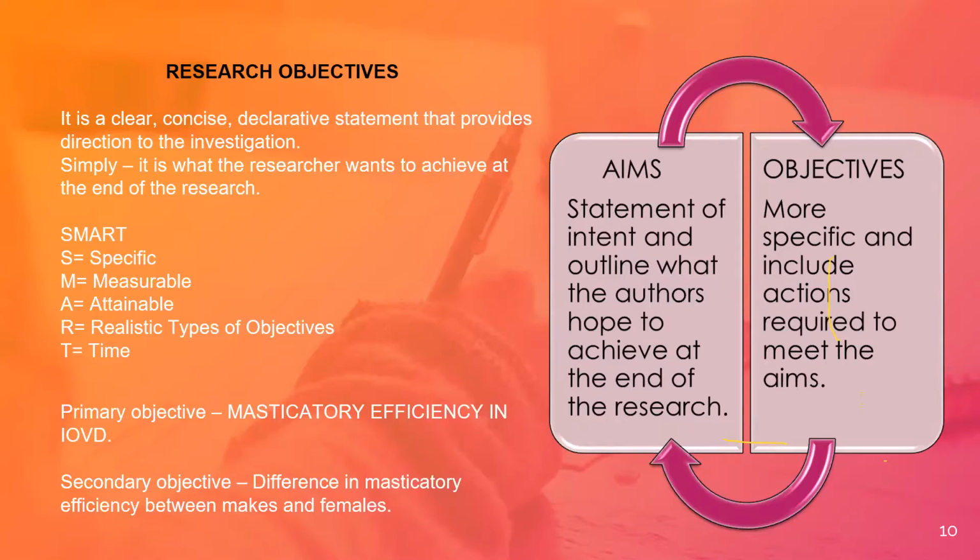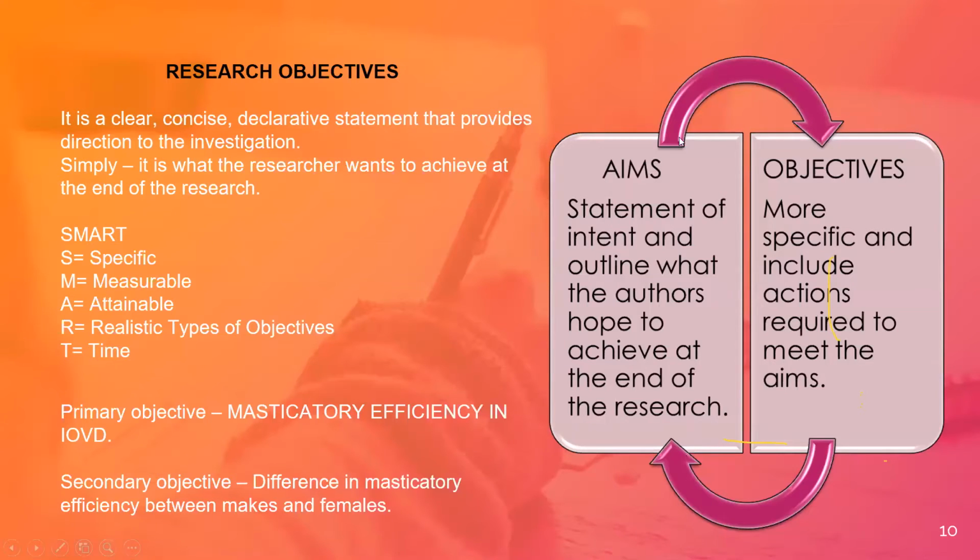So for example, if I'm just trying to study masticatory efficiency in implant-supported overdentures, fair enough, I go ahead with the study. But while I'm collecting the data, I also know that I'm collecting males and I'm also collecting females. So why not find out the difference in masticatory efficiency between the male participants and the female participants? That's not what I really intended to find, but while I'm doing it, I can find it. So therefore, this becomes my secondary objective.